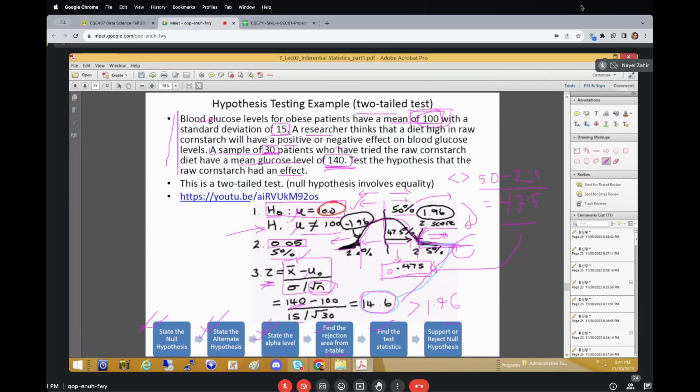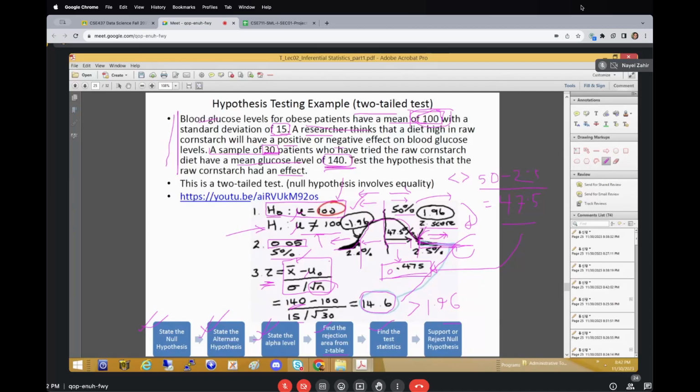It means that the idea of common people, that the mean blood glucose level of obese patients is 100, is rejected. And here is the researcher's hypothesis. If the null is rejected, then usually we say, okay, maybe this one is accepted. The alternate hypothesis is accepted.